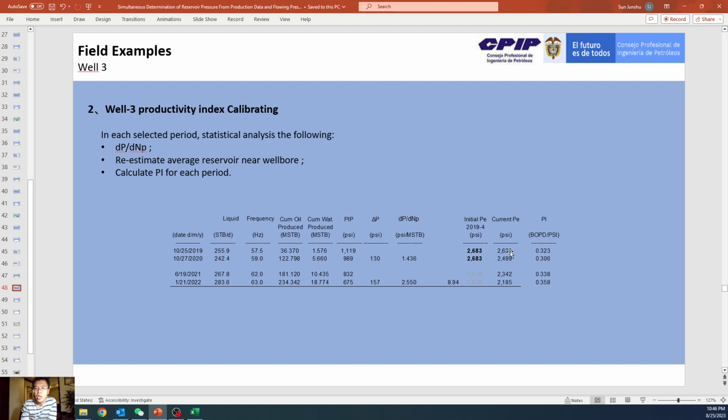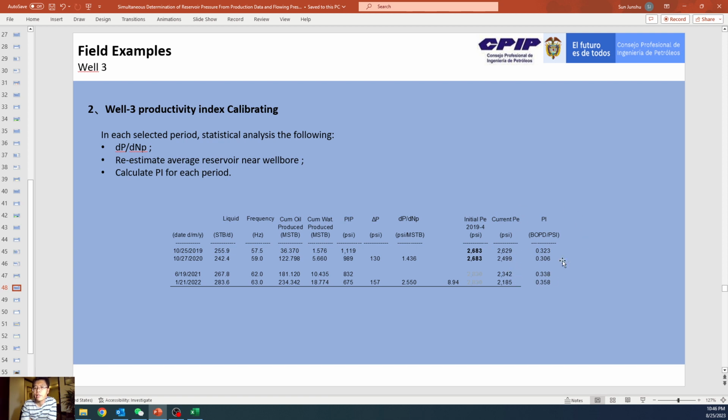Average pressure near the wellbore on October 2019 is around 2,629 psi, and in October 2020, 2,499 psi.